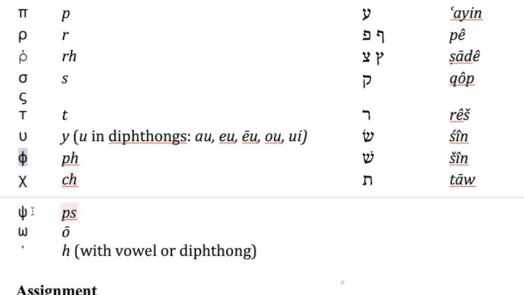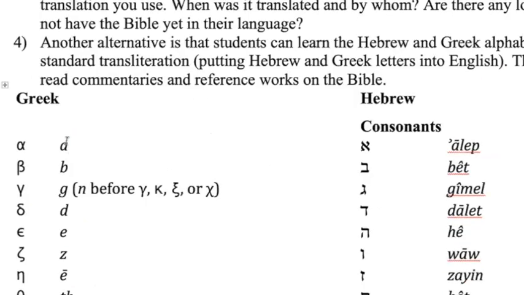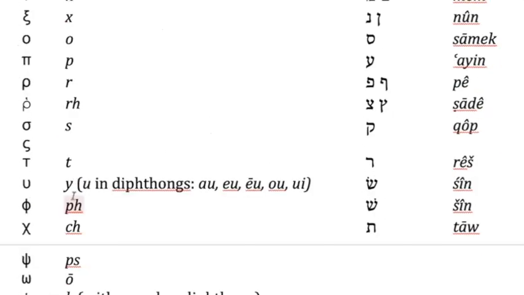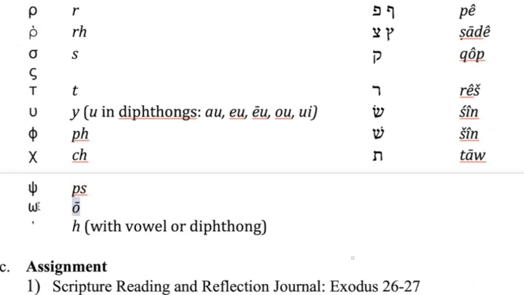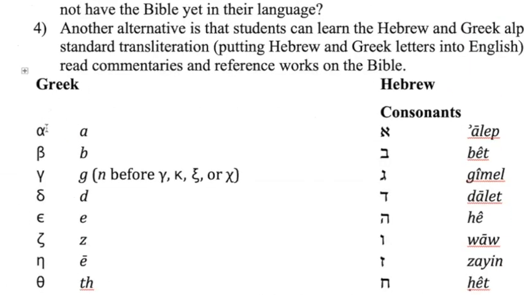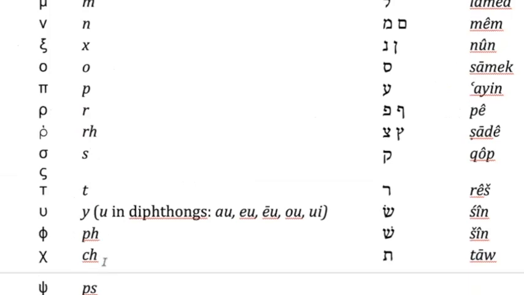And then psi, like we would say psychology, but we don't pronounce the P in English. But it comes from this word, psyche, psychology. And then the last one is called an omega, and it is a long O. Jesus is called the Alpha and Omega, beginning and the end in the book of Revelation.